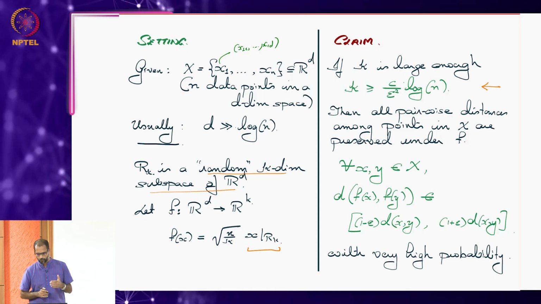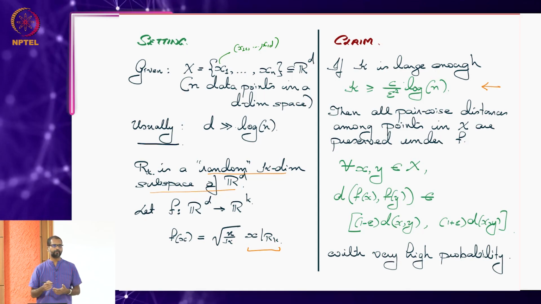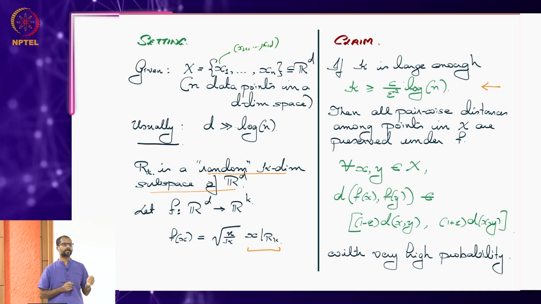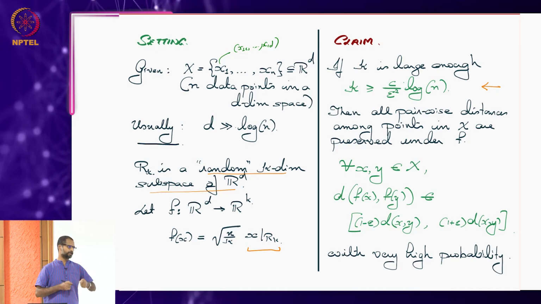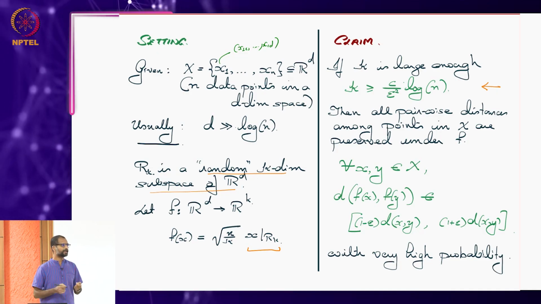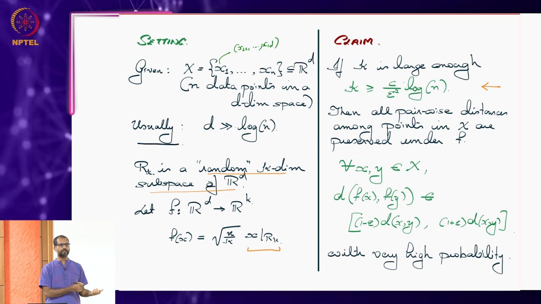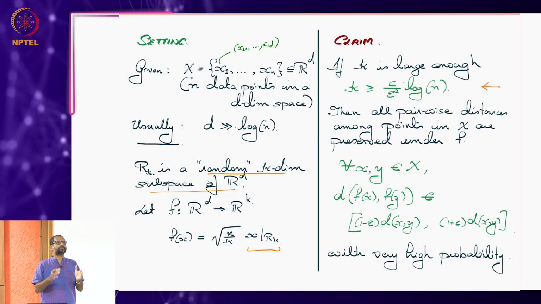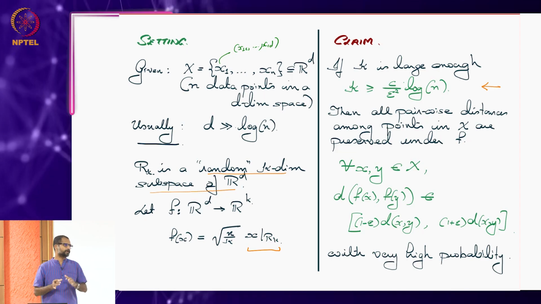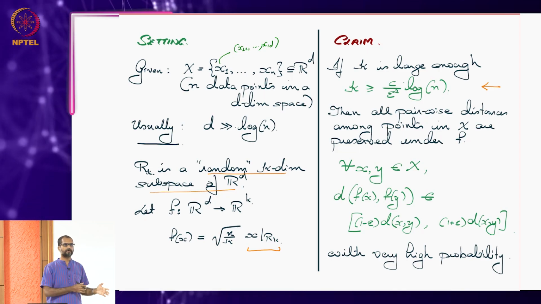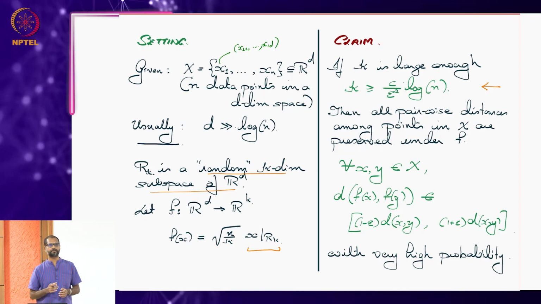So what do you mean by distance being approximately preserved? If x and y were at a distance 1 meter in the original space, then after you do this projection, they will be within 1 plus or minus epsilon meters. It will be at least 1 minus epsilon meters and at most 1 plus epsilon meters.